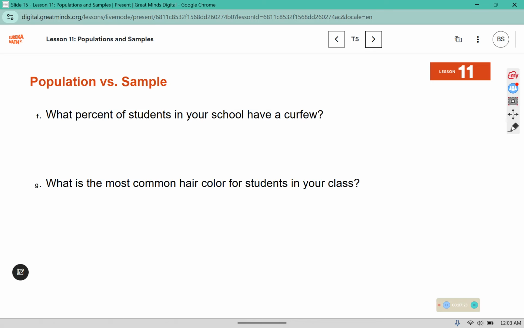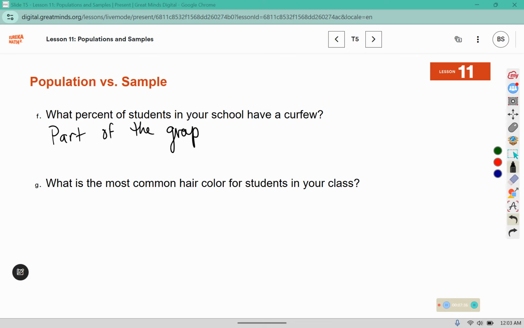What percent of students in your school have a curfew? We could collect information from part of our school. We could ask students in your classes or several students from each grade level.